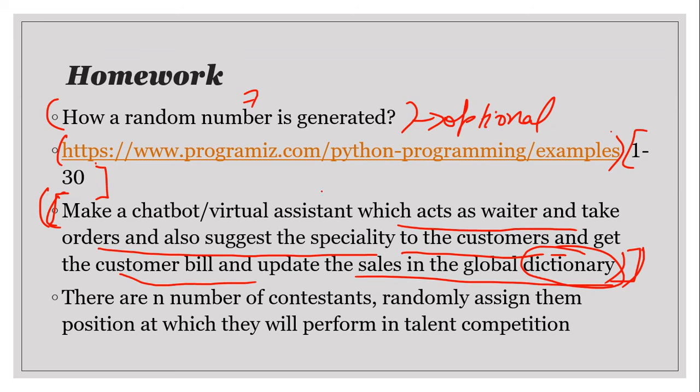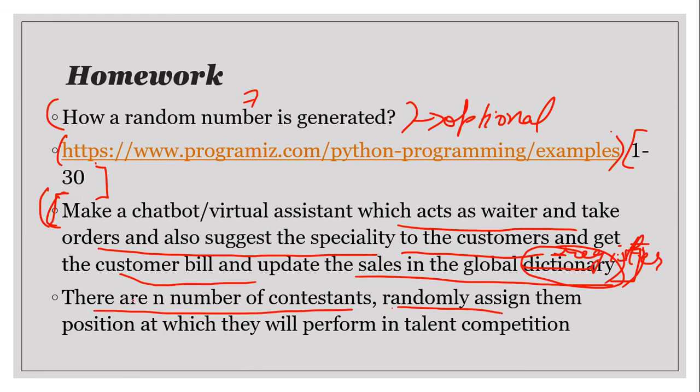Okay, instead of dictionary, let me call it a register, so that the hotel will know how many sales have happened online. Okay, next is there are n number of contestants.